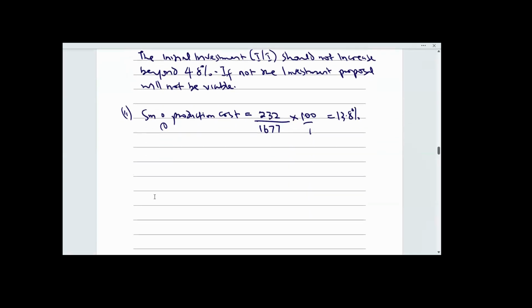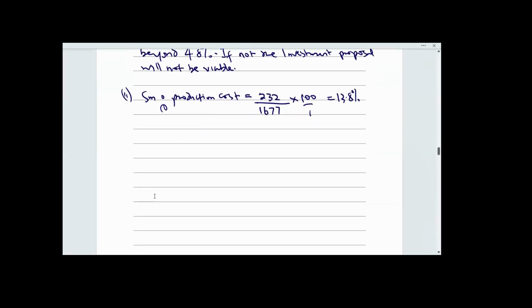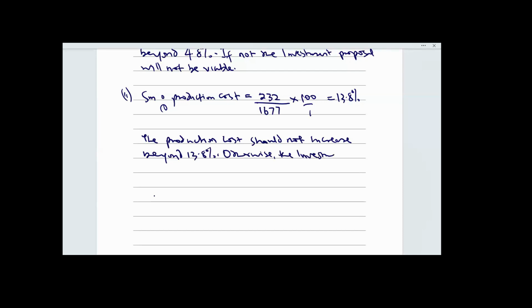This means that the production cost should not increase beyond 13.8%. Otherwise, the investment proposal will not be viable.